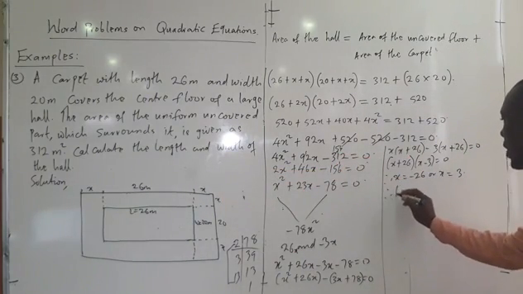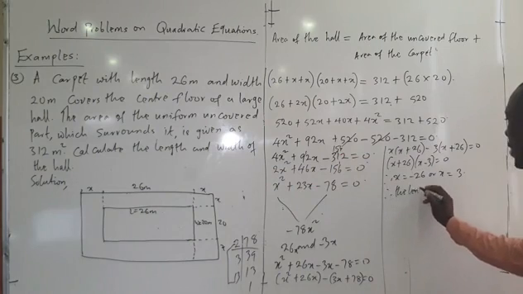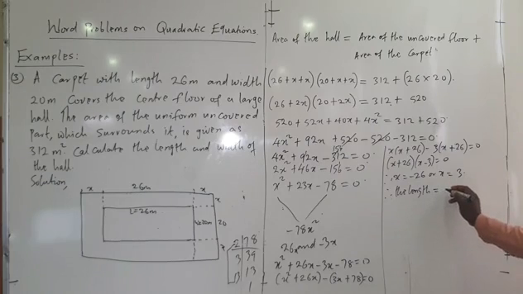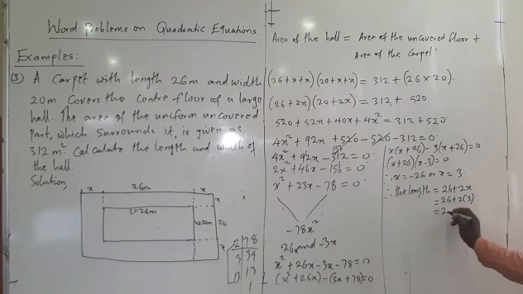Since we are looking for the length and width of the hall, the length equals 26 plus 2x, which is 26 plus 2 into 3. That is 26 plus 6, which equals 32 meters.